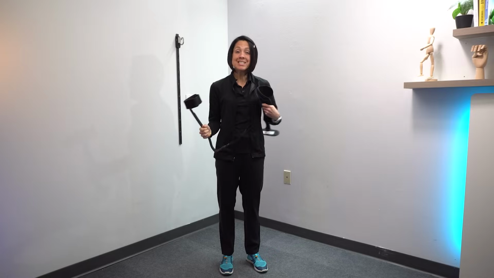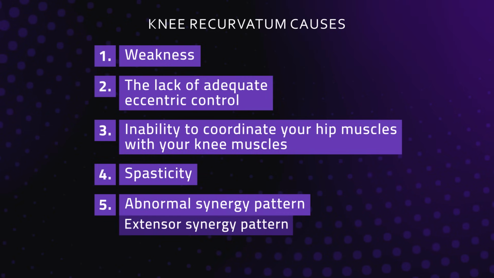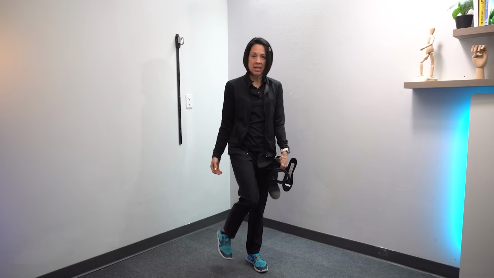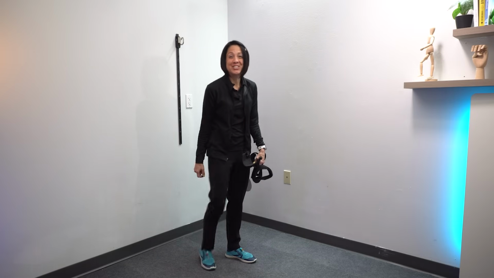So what is the appropriate brace? If you have spasticity or you have an extensor synergy pattern, the best and most appropriate brace, that most of you just hate, is one of those plastic articulated, meaning the ankle bends, braces with a plantar flexion stop.